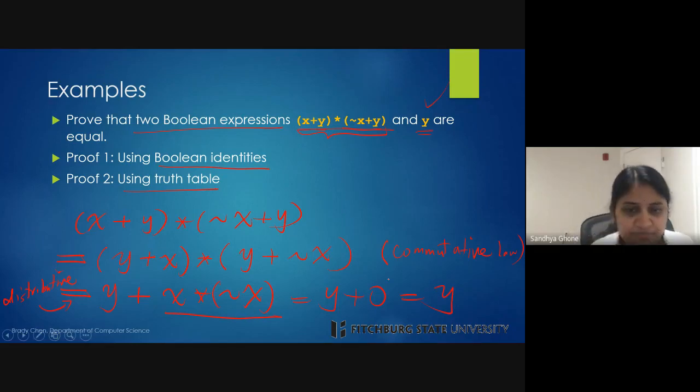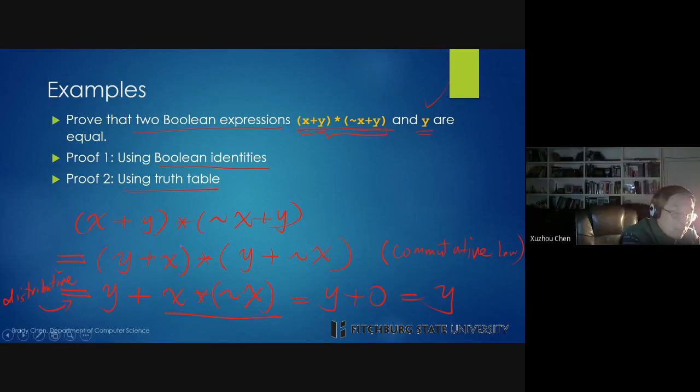That's one way. Now, of course, someone might say that you can always multiply it out. So y times (y + ~x) plus x times (y + ~x). For the first one, you can use the absorption law, so this gives you y.